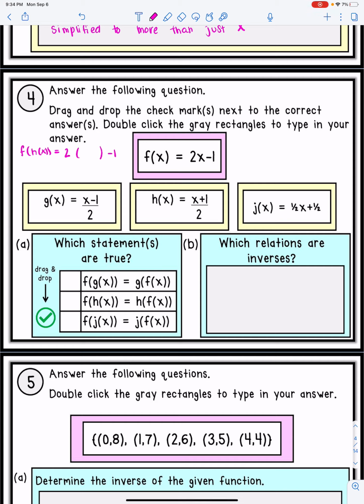We're going to put h as our new input. H is x plus 1 over 2. Okay, so this simplifies to x plus 1 minus 1, which is just x.